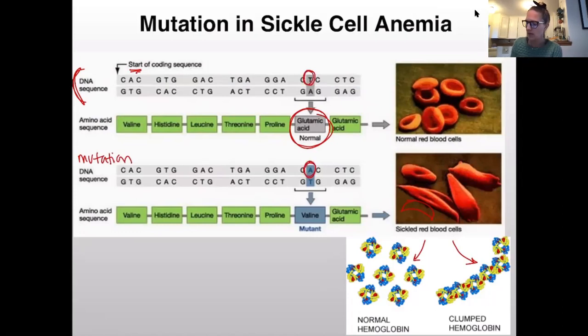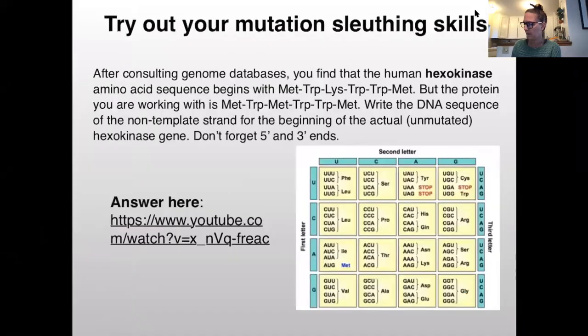Here, it has been mutated to an A, right? So that base pair has switched. Still AT, they still pair up well, but the coding sequence is fundamentally different. And therefore you get a valine in that amino acid spot. And only one amino acid change causes these really huge physiological effects, right?